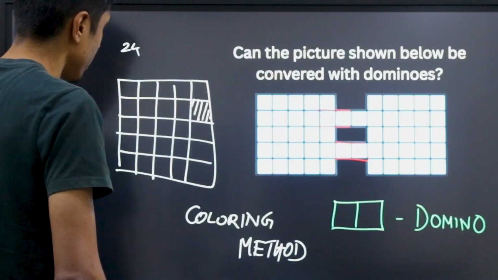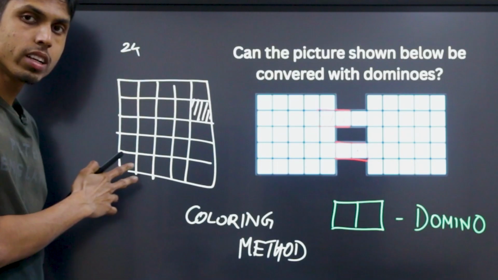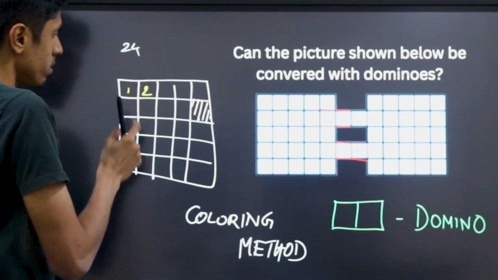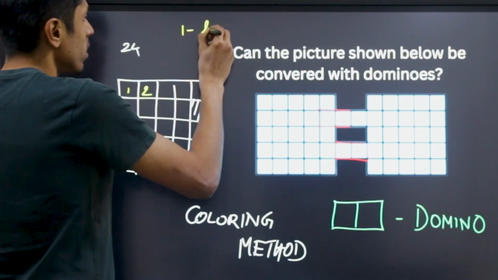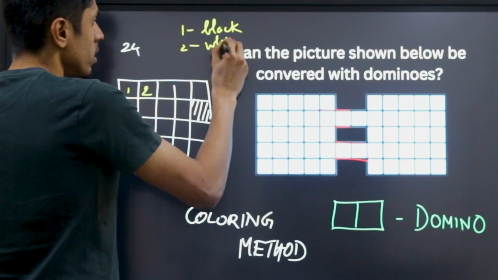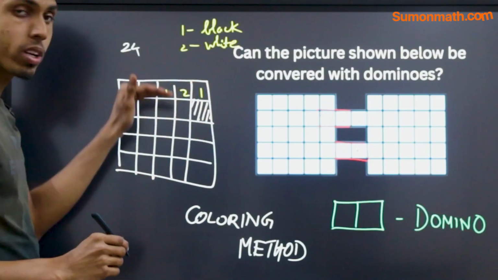For example, I'm going to use two colors and color this structure like a chessboard pattern. 1 is for black color, 2 is for white color. So now you can understand that this is just like a chessboard coloring pattern.